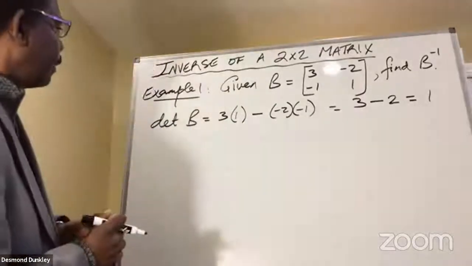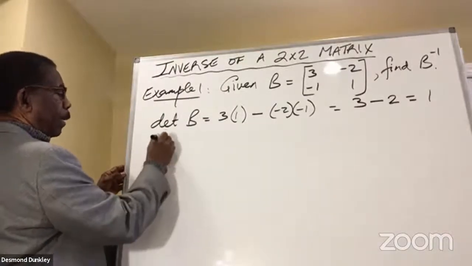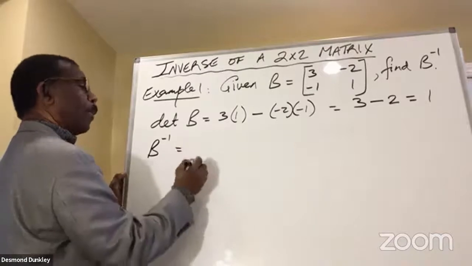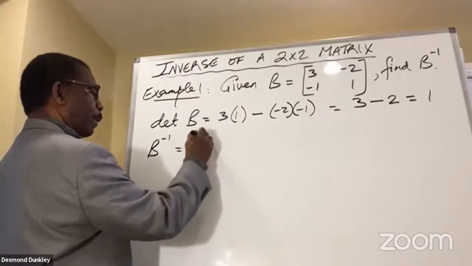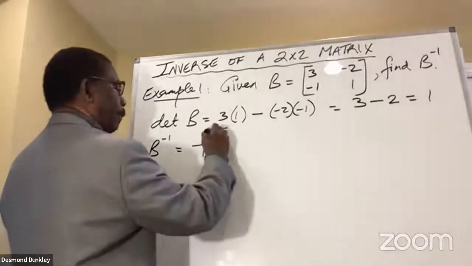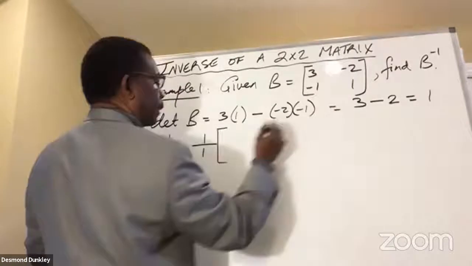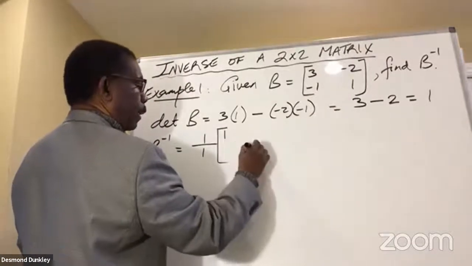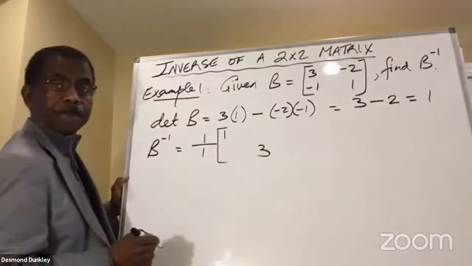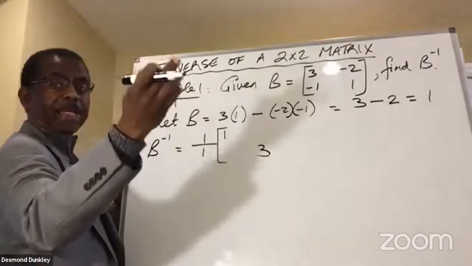Okay, good. And then from here, we know that B to the minus 1 is going to be equal to 1 over the determinant, times these two switch places. So this becomes 1, this becomes 3. These two change signs.